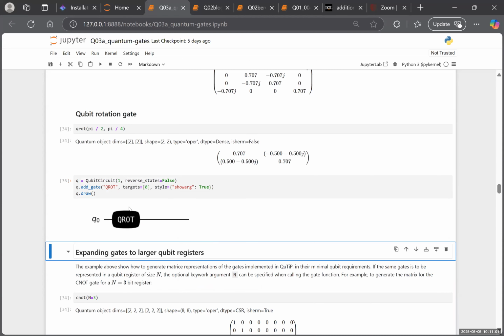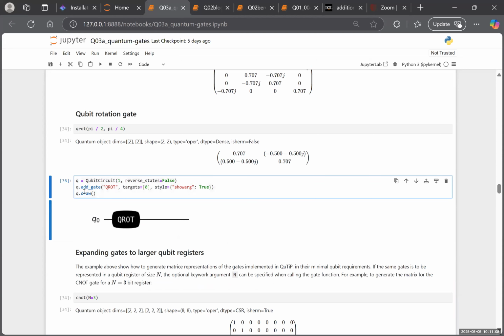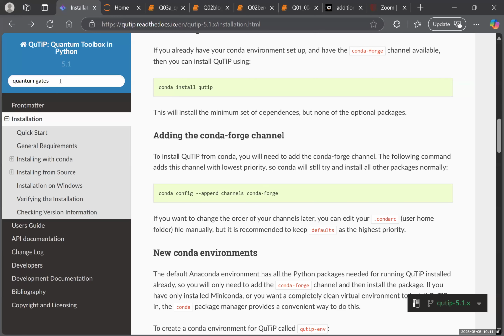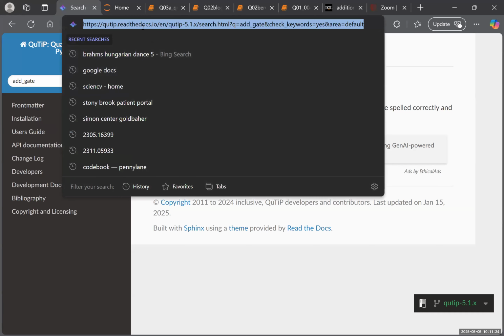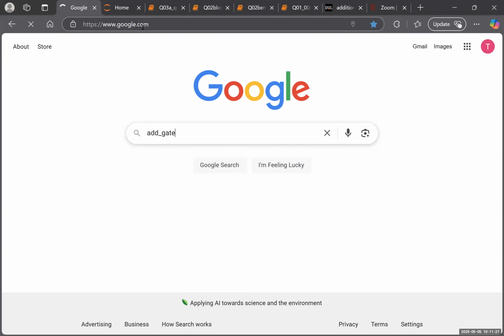Then it will not show the value. But this gate has two values. One thing you can do is just look up the documentation. See if you have any information. Don't have here, so maybe QuTiP.